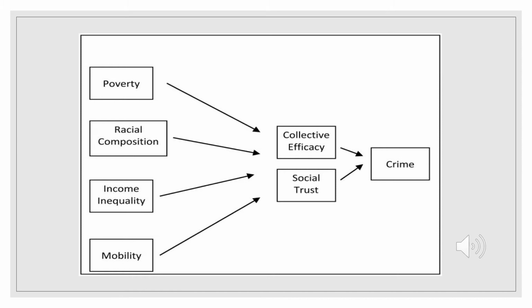So, here in this slide, we see how poverty, racial composition, income inequality, and mobility are connected to collective efficacy and social trust, which also leads to crime.